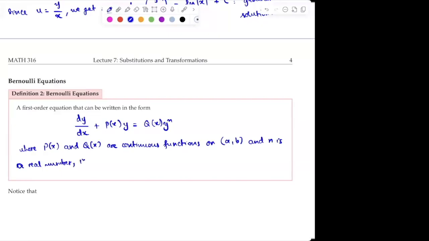Right, so this equation is called a Bernoulli equation.